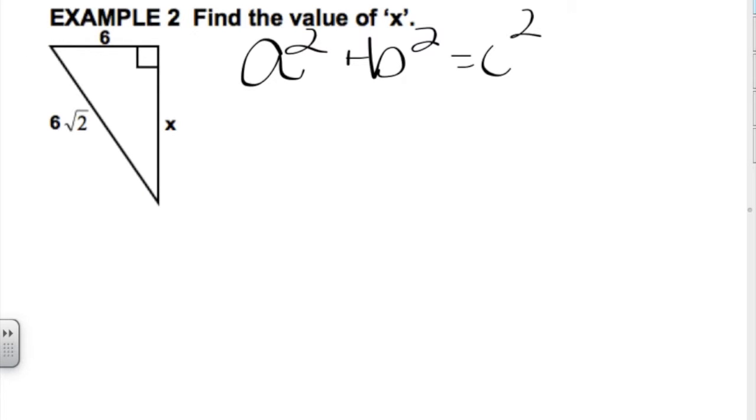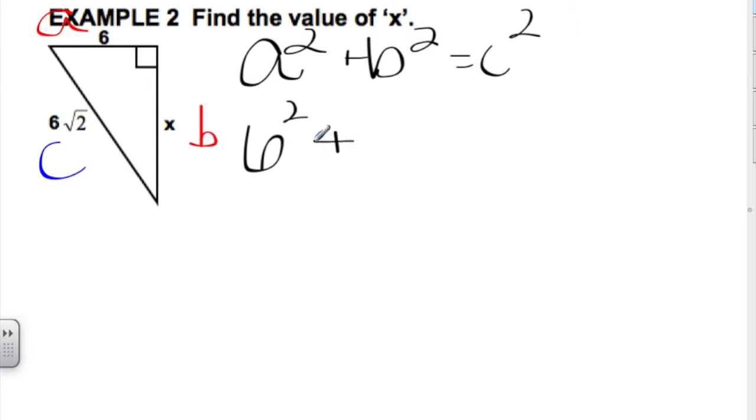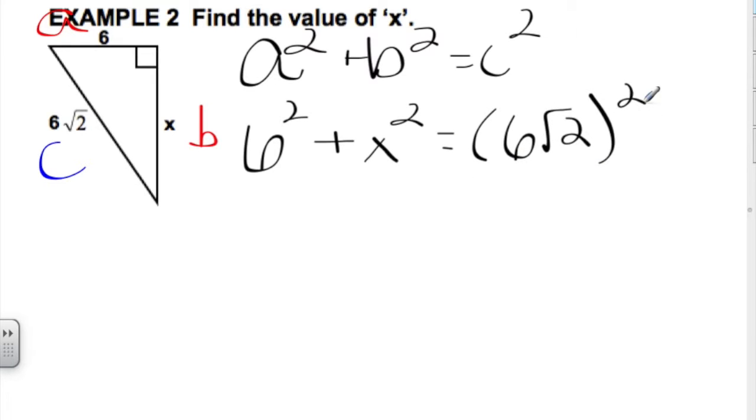So those are going to be my A and B. And then 6 square roots of 2 is going to be C. Now I'm going to plug this in. So I have 6 squared plus x squared equals 6 square roots of 2 squared.